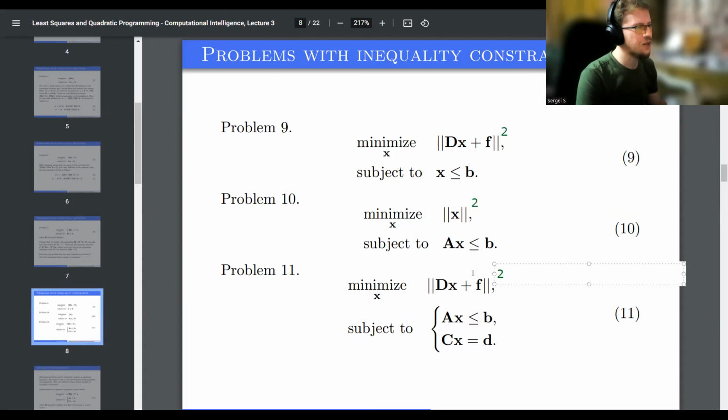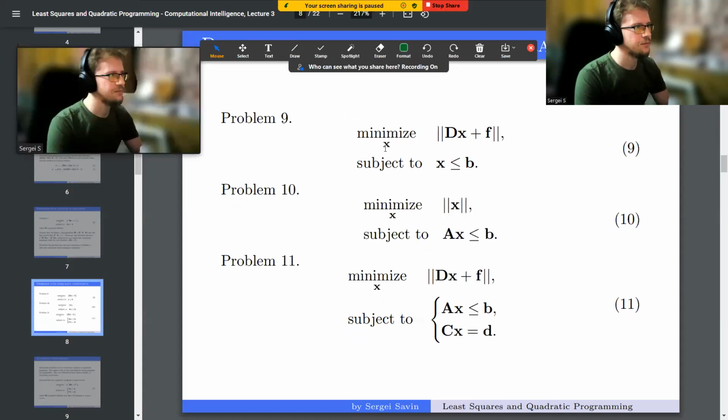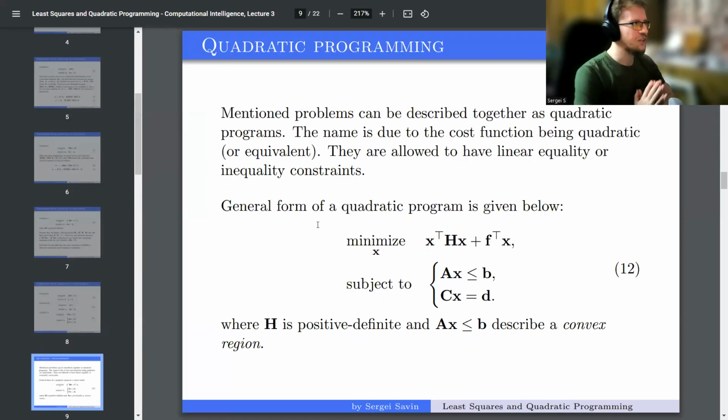Since they're not QPs, you have to actually prove that you can transform them into QPs equivalently. Soon enough, I will show you how to solve problems 9, 10, 11 without transforming them into QPs. But all right, more questions.